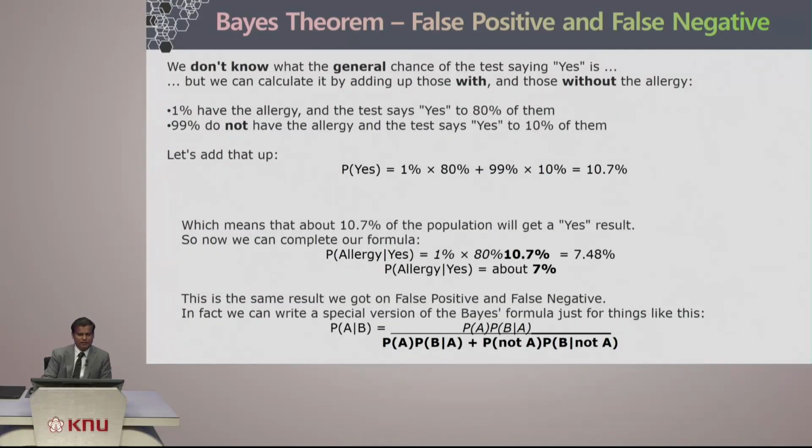Let's consider some information. We do not know the general chance of the test saying yes, but we can calculate it just by adding up those with and those without the allergy.